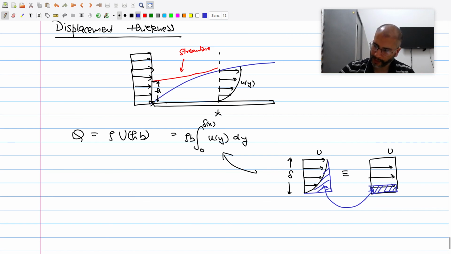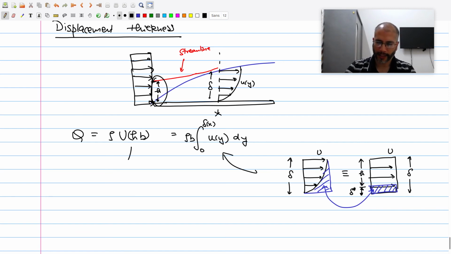Okay, so what that means is, I've drawn the figure such that this is delta and this part was h. You can actually see that from here. This is h, and this whole thing is delta, and that extra part that we have here is what we call delta star.